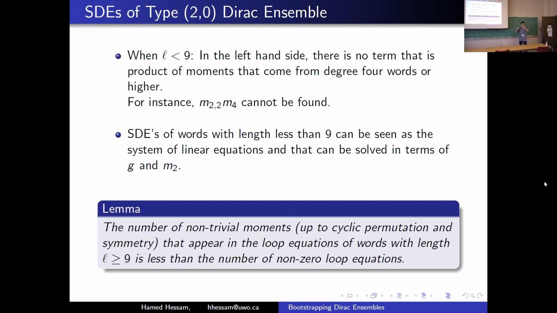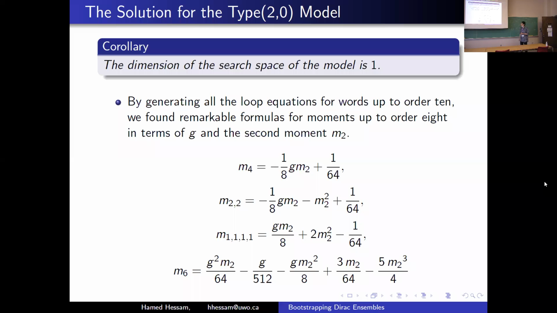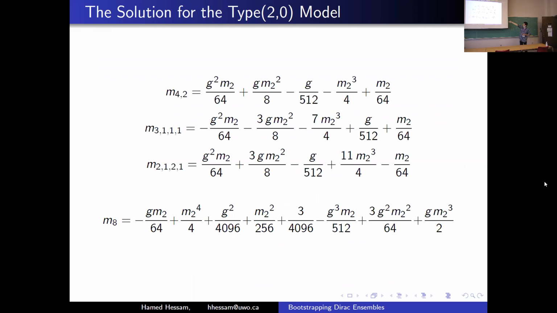That's why if you do it again, you can solve the system of linear equations, and you will have those relations for the moments. We calculated up to degree 12 or 14, but I just put up to degree 6 or maybe 8. Any size you want, the machine does the work.